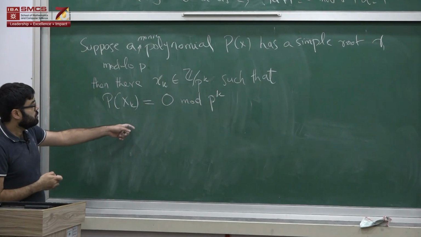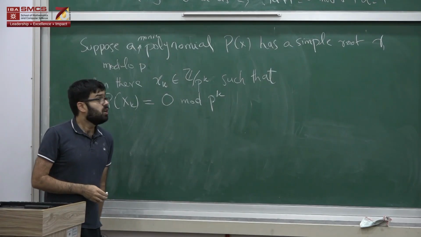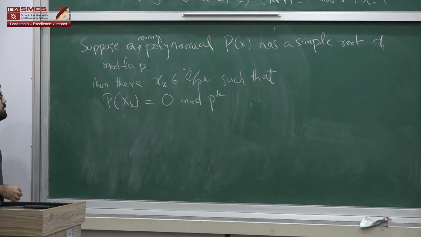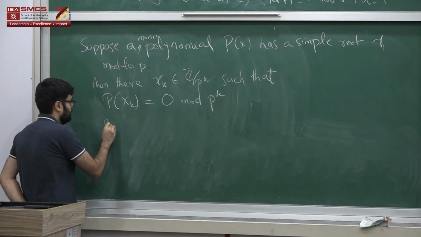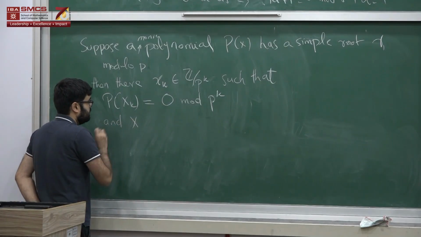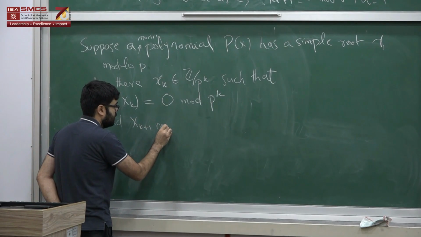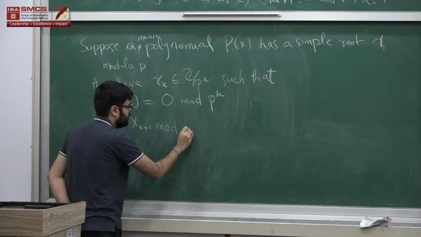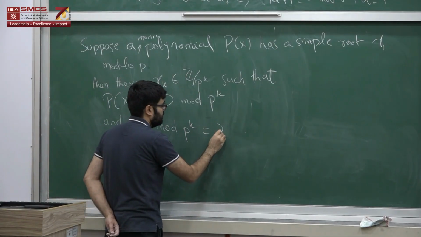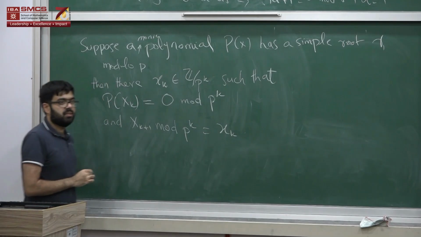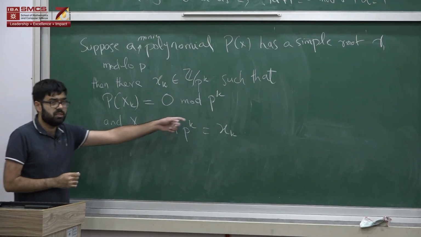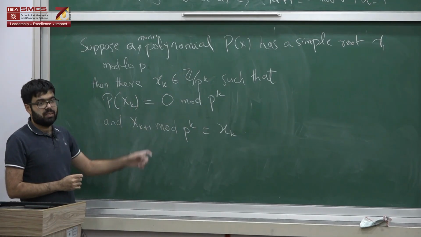So, I get a root mod p to the k for all k, and x_{k+1} mod p to the k is x_k. So, this root reduces as we expect it to.